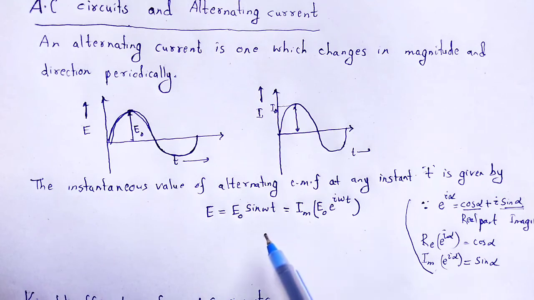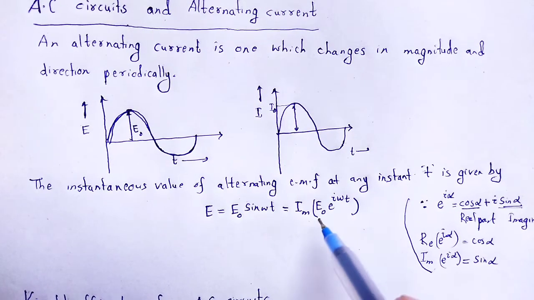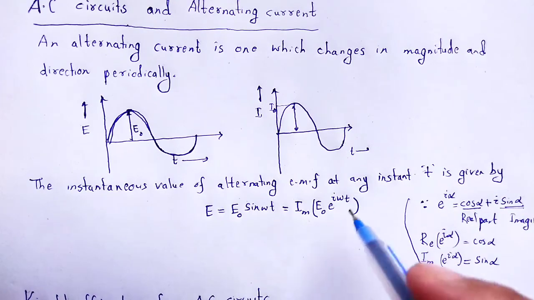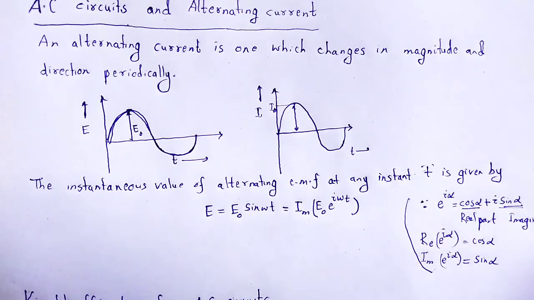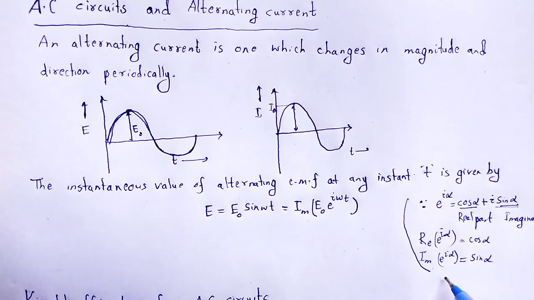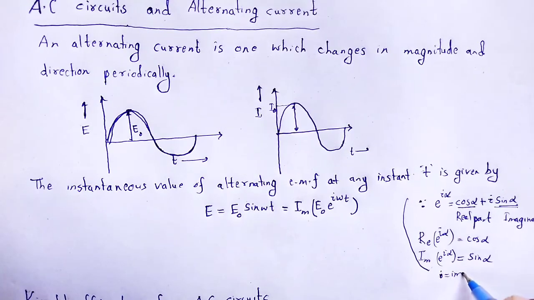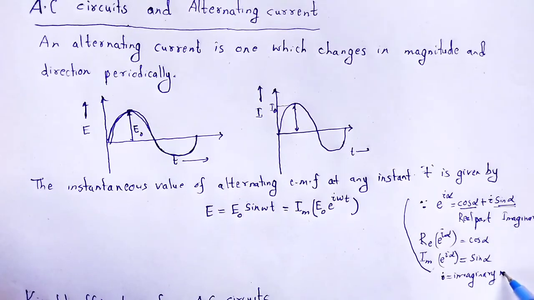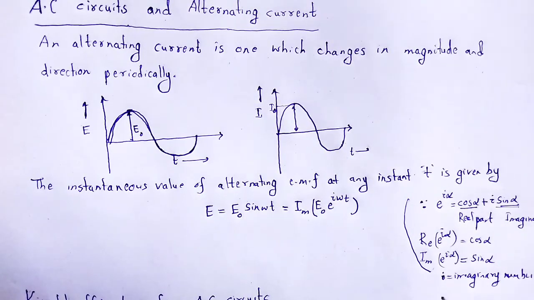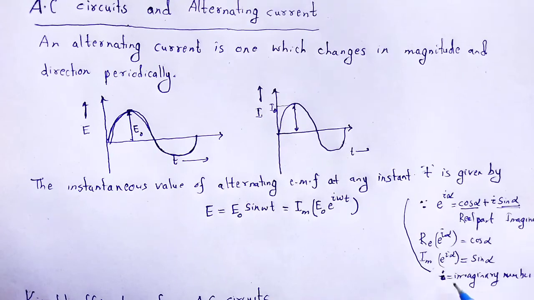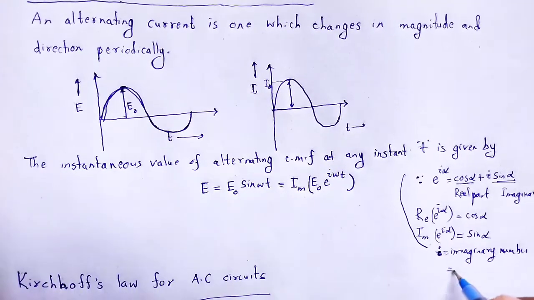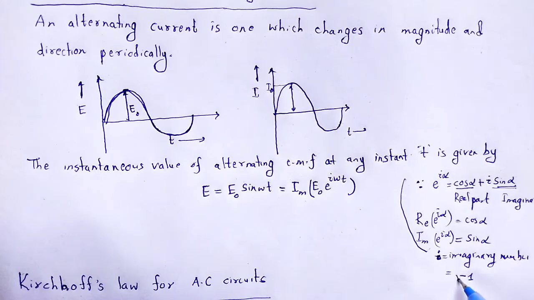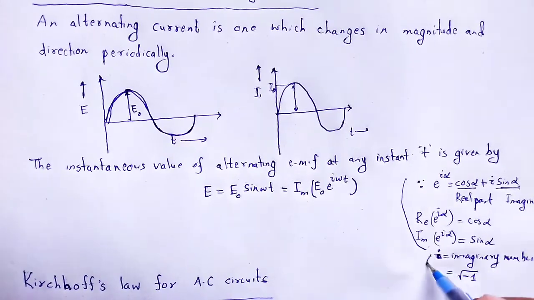Here, Im represents the imaginary part and i is the imaginary number. We know in the case of complex numbers that i is equal to the square root of minus 1.